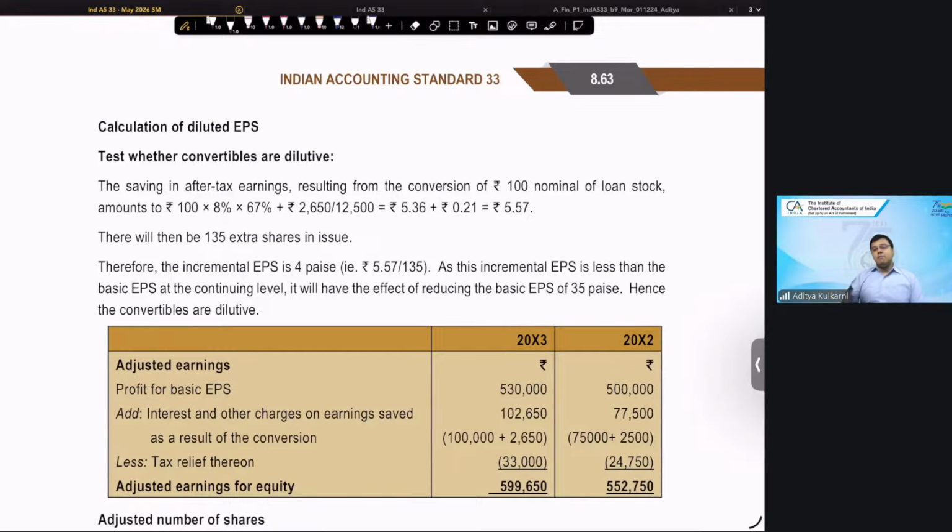So higher the number of shares in denominator, more will be the dilution. So the impact should always be focusing on highest possible dilution. So if you have multiple conversion terms, select those conversion terms where the dilution is maximum. Are we okay with this?